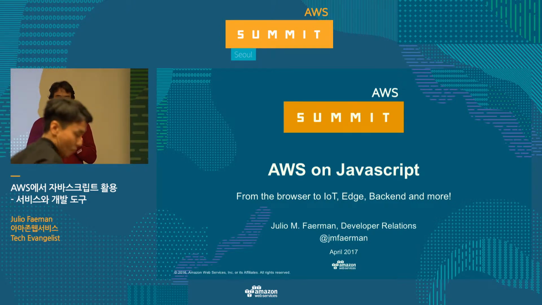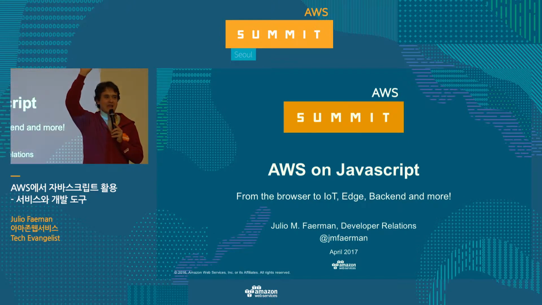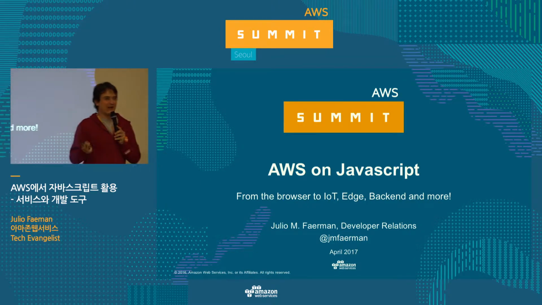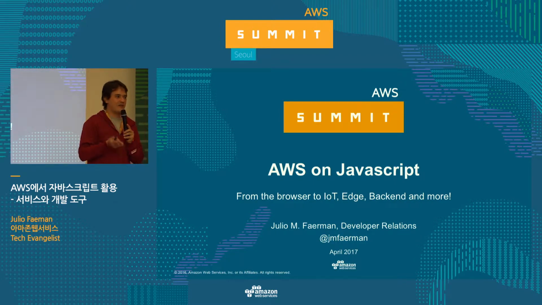So let's try JavaScript. Who here is a JavaScript developer? Written any kind of JavaScript code? All right. And that's not hard to understand, right? JavaScript is on every platform. Every user has at least a couple of JavaScript interpreters on their machines.